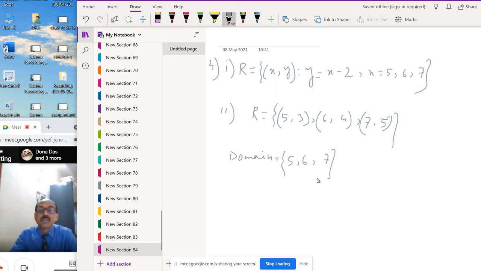This is the domain set. And now range. Range equal to second elements, that is 3, 4, 5. That is y. 3, 4, 5. This is range.